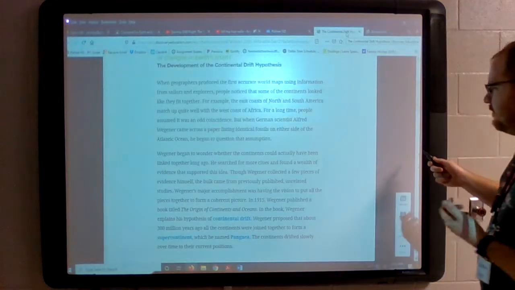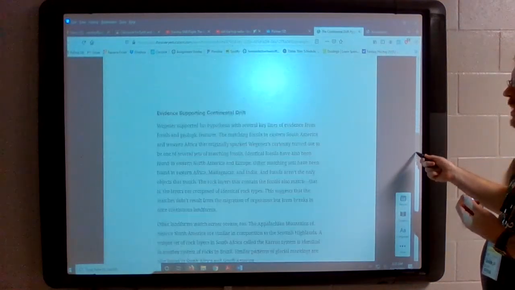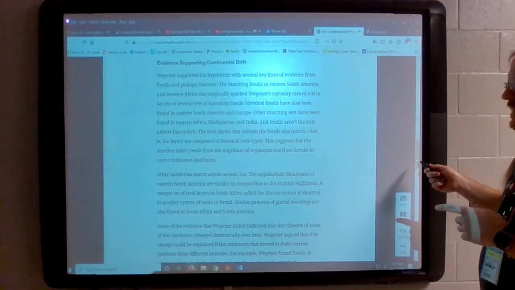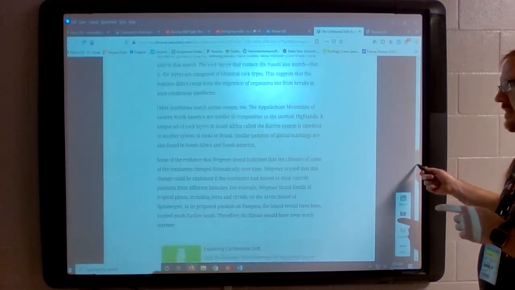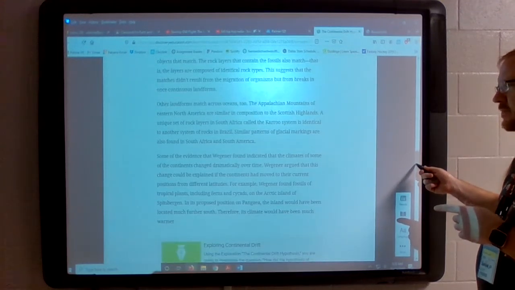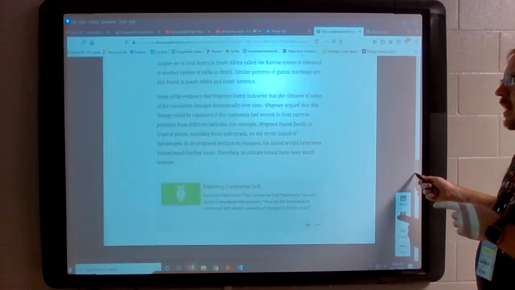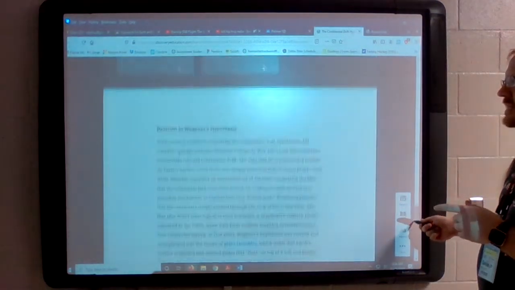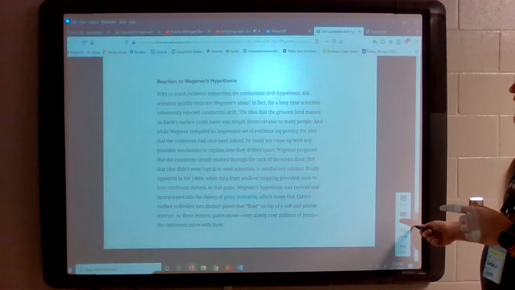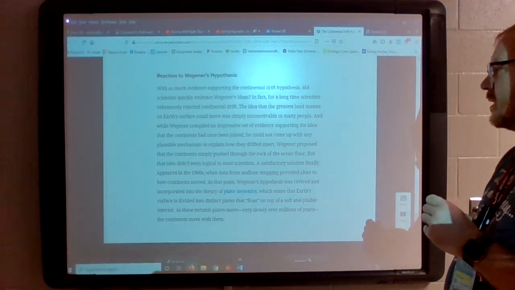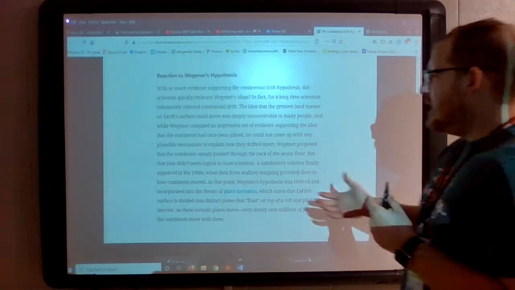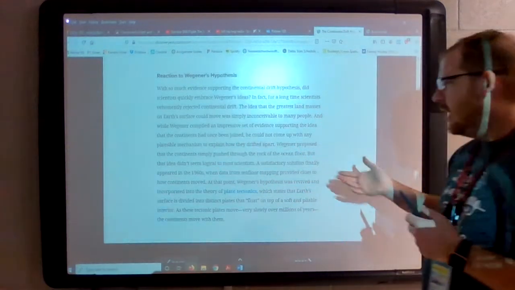Now, question number 4, which mechanism for continental motion did Wegener propose in his continental drift hypothesis? So if we come back here, evidence supporting continental drift, I don't know that it's going to be in this one. I think it's going to be in the last one. Reaction. Yeah, and it's kind of right in the middle here.